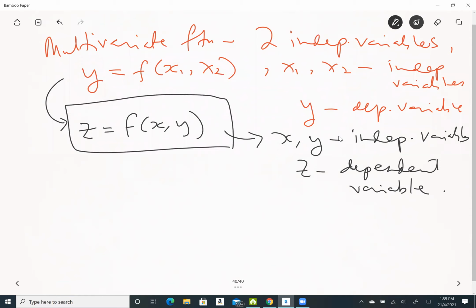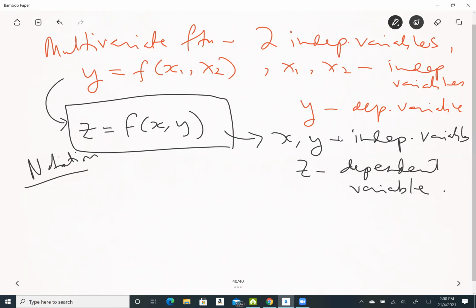Now we want to look at the graph. How does the graph of this function look like? If you remember, in the one-variable case, the independent variable x is on the horizontal axis and the dependent variable y is on the vertical axis, so you get a line. In this case, we have z as the dependent variable and two independent variables.